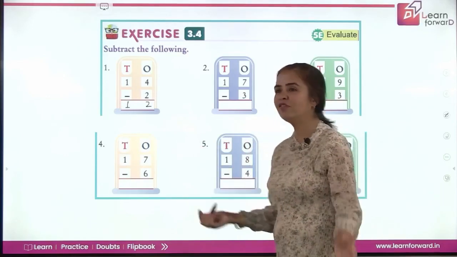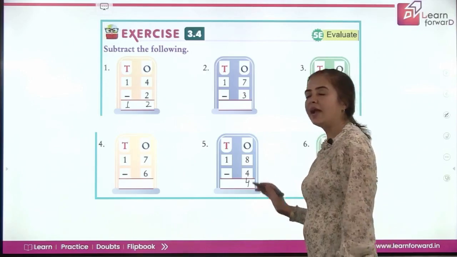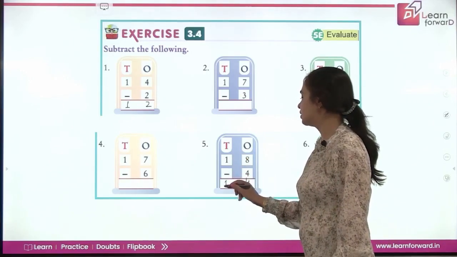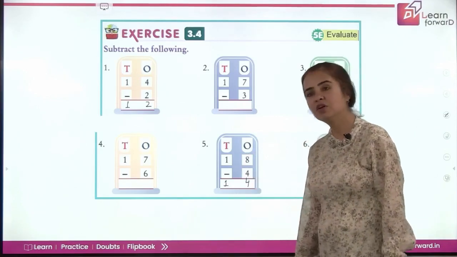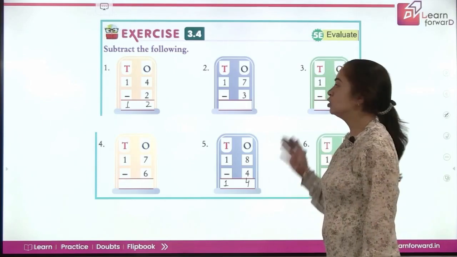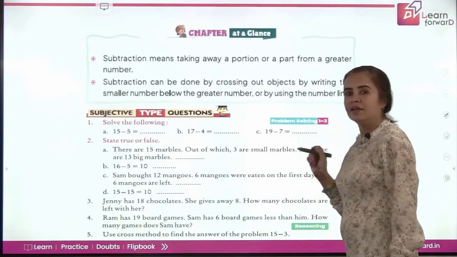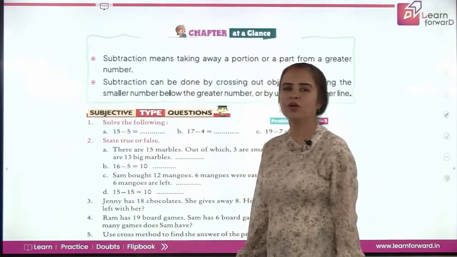So, what are you left with? 4 is the last number you said, and this is your difference. Now, here 1 will come as it is. So, 18 minus 4 gives you the difference, 14. Easy? I am sure you can do the rest of the parts yourselves. Have fun and practice lots of subtraction. I am sure you are going to master this.